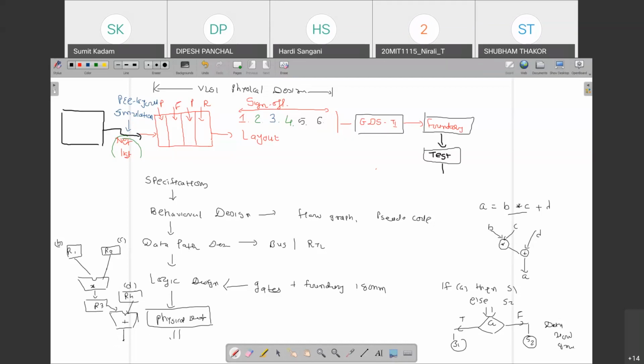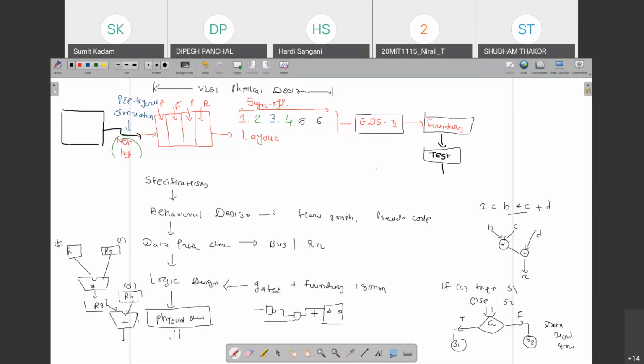Once you generate the logic, if you use logic gates for all this purpose, multiplier, all this R2, R1 register level, your logic design is generated. Maybe like this, with some flip-flops, some gates, for example. Okay, this is my logic design, and then you have to do the simulation, which generates the gate level netlist.